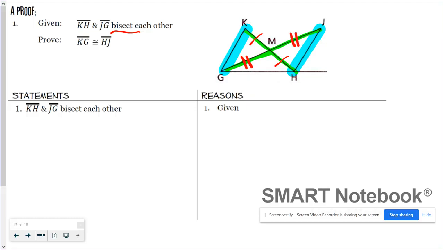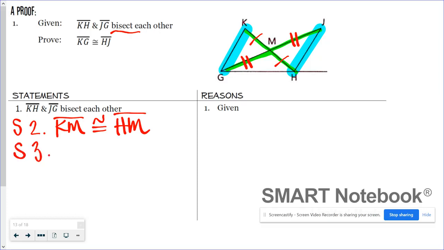Okay, so I'm going to do that in two separate steps. So I'm going to say a pair of sides here in step 2, and I'm going to say KM is congruent to HM, and then in another step, I'm going to say GM is congruent to JM.